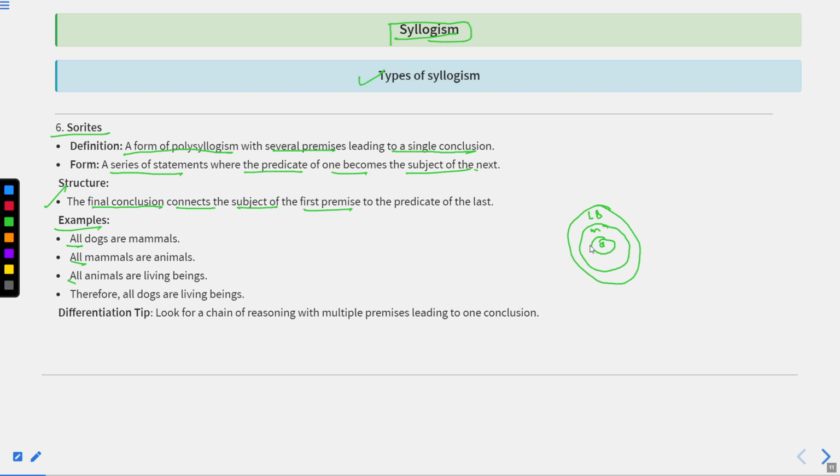Now the question is what you can infer from this statement. The subject of the first one becomes the predicate of the second one, and the predicate of the first becomes the subject of the next. In the same manner, we have to figure out what exactly would be the inference. From the Venn diagram, if it had not been mentioned that all dogs are living beings, what inference would you have drawn from the statements provided?